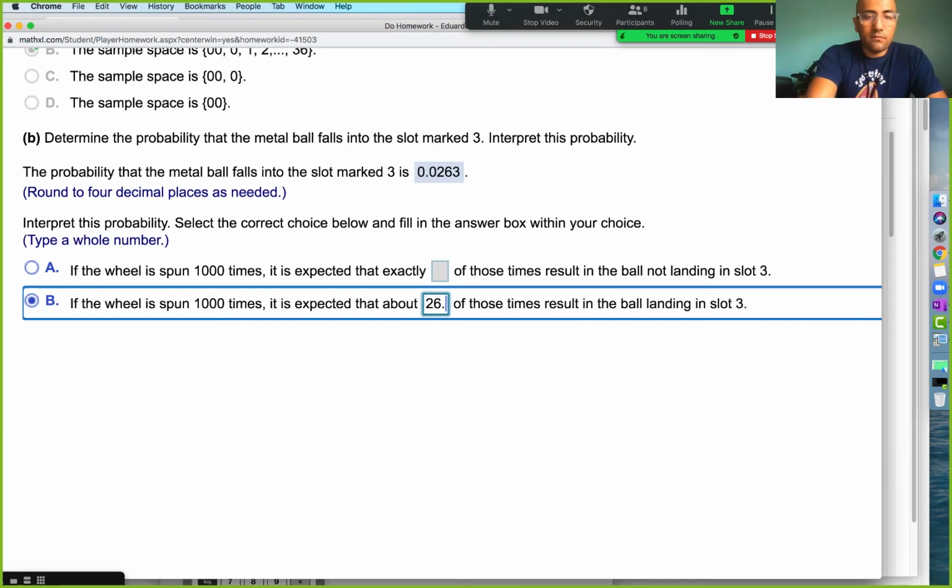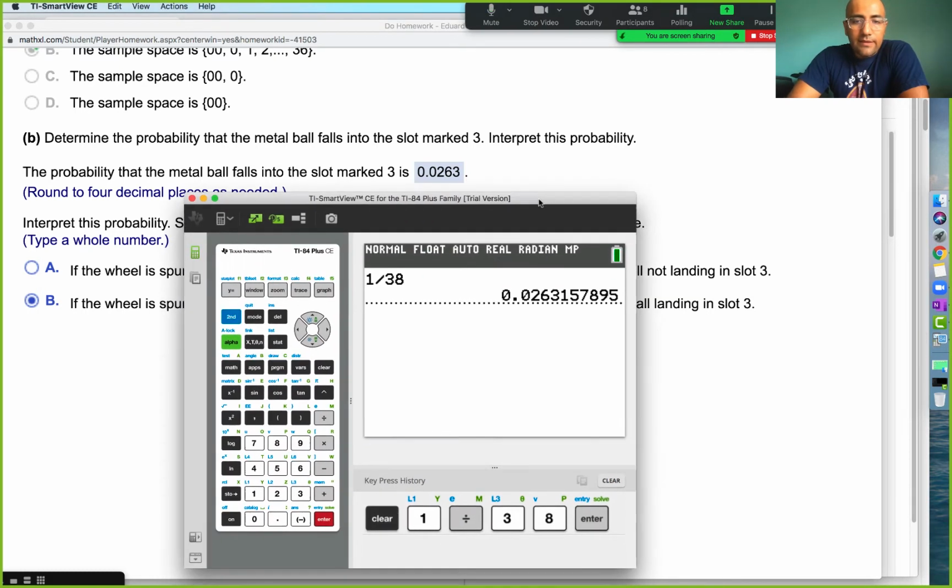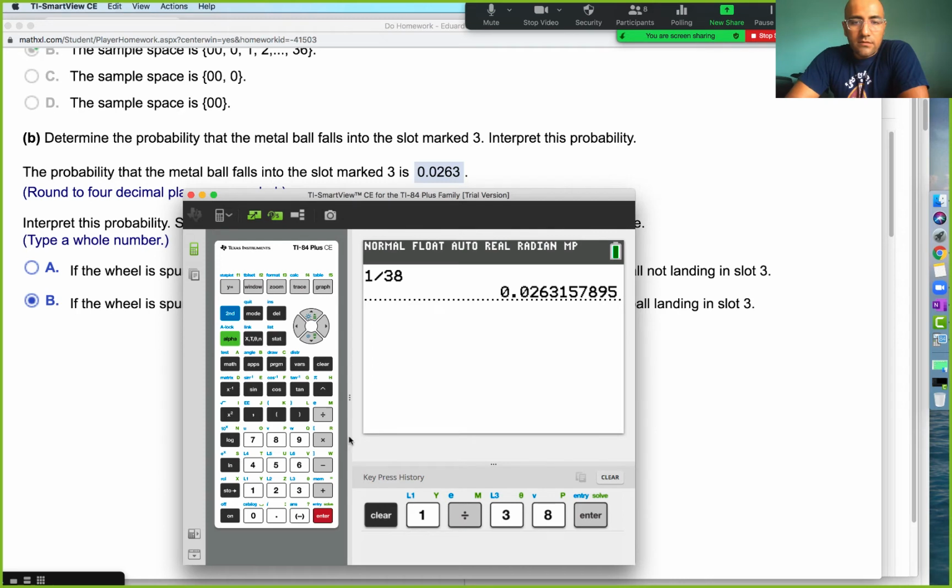26.3. If we multiply 2.63 times 1,000, we get this. But we want to do about, right? We want to round to the nearest whole number. So let me show you how I got that. Remember a shortcut is to use this little ans button.